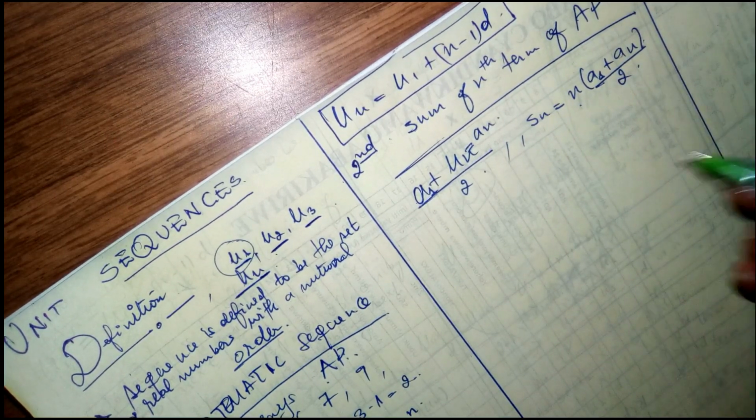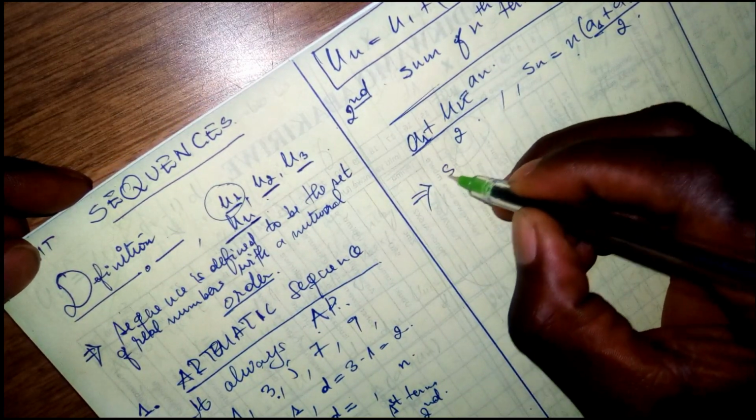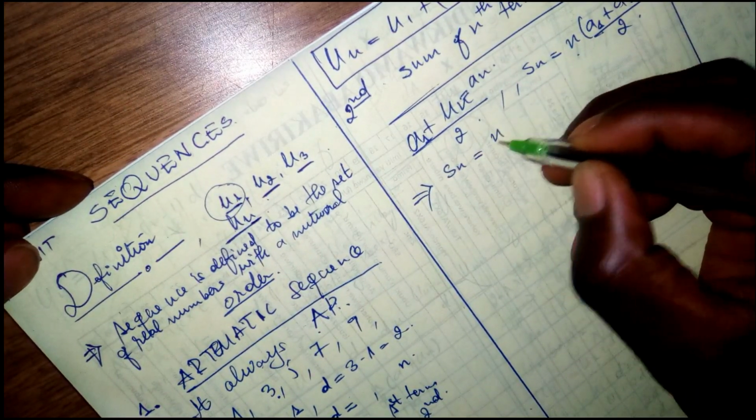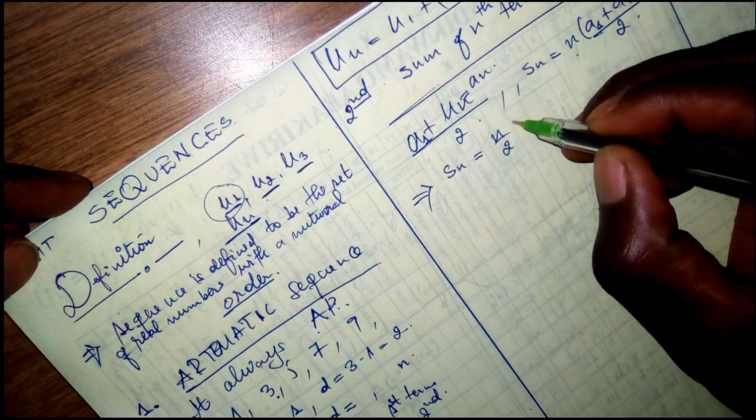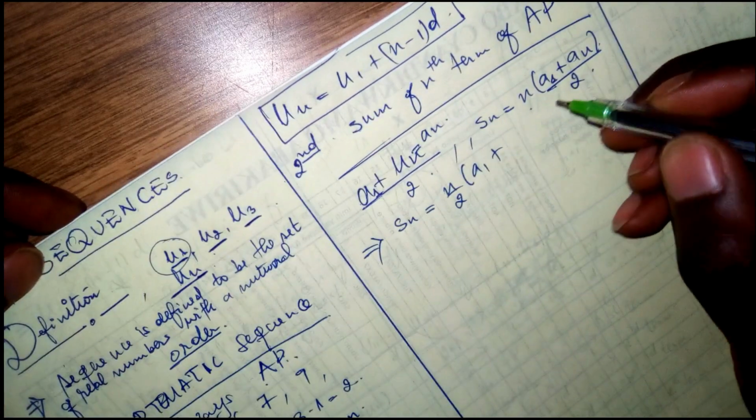This means Sn is equal to n over 2 times a1 plus an.